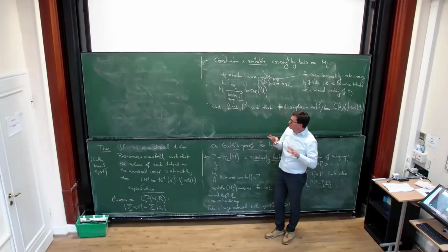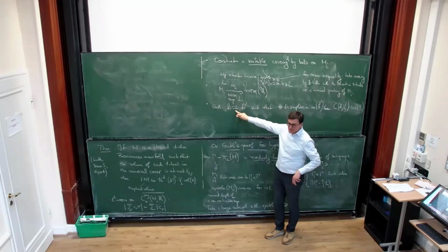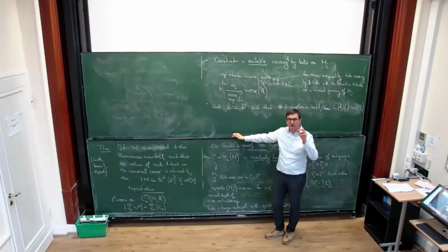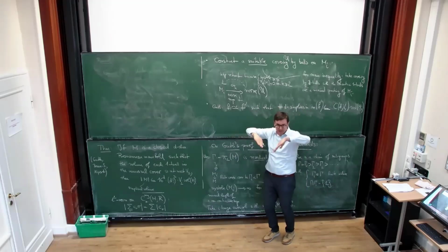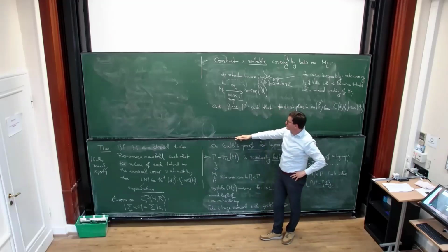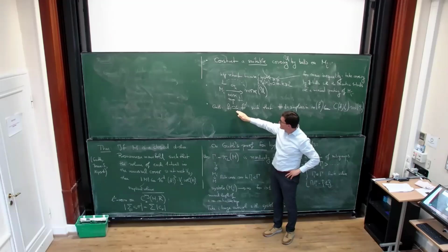And you want to use that in this step because you have to homotope the map down, and you want to use things like, okay, if the volume, or locally the volume, is small, it cannot cover the whole simplex, which means I can somehow push it down and things like that. So you have to argue, this is a geometric step. And this is actually a really non-trivial step.